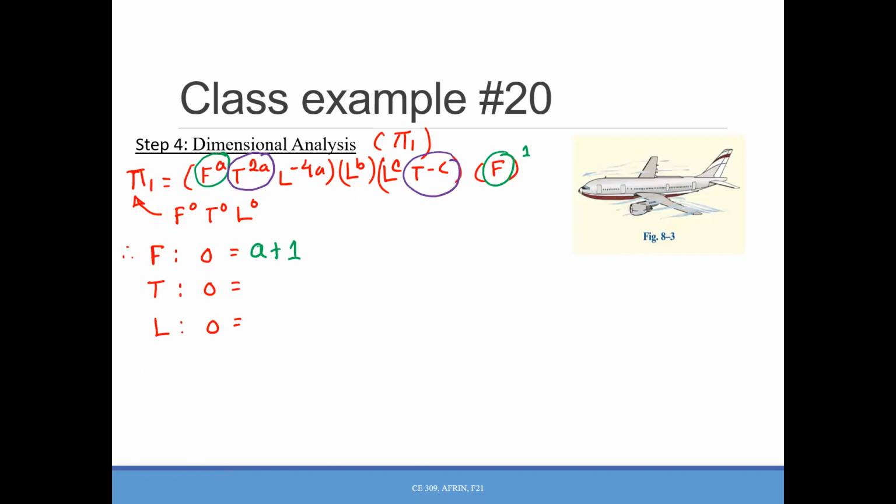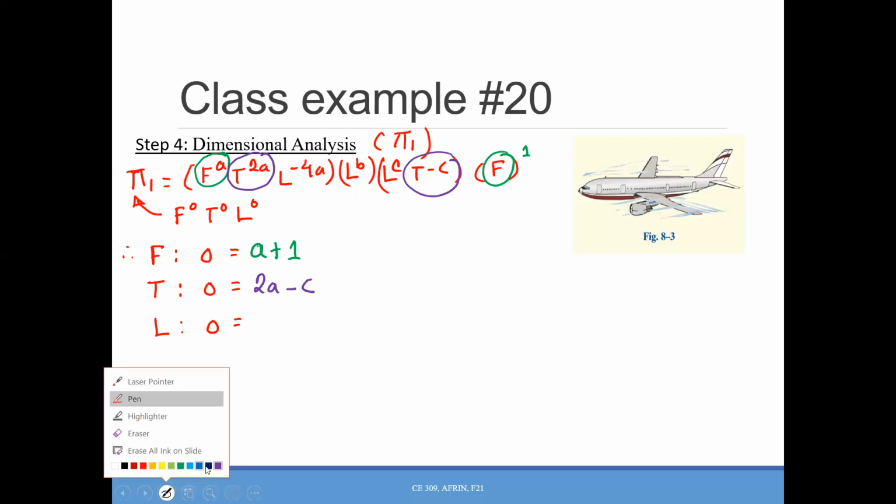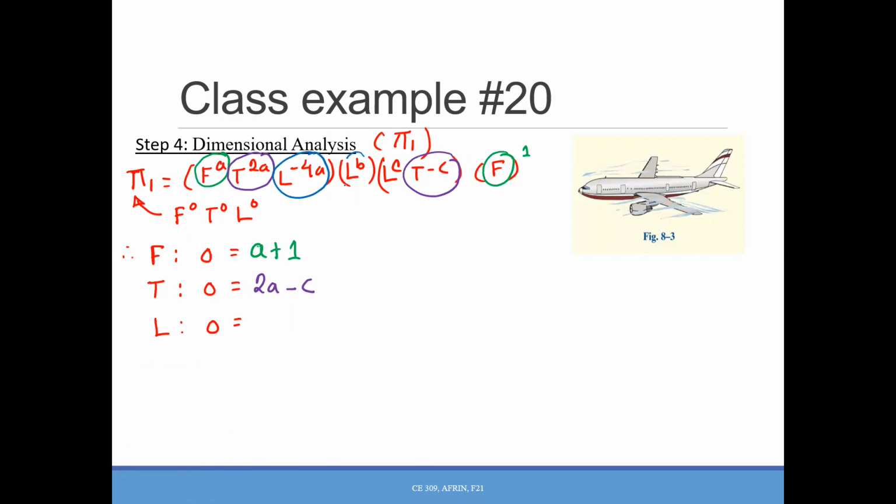And do we have anything else? No, okay. So we have 2A minus C, okay? And for L, we have this one, this one, this one. So we have negative 4A plus B plus C.